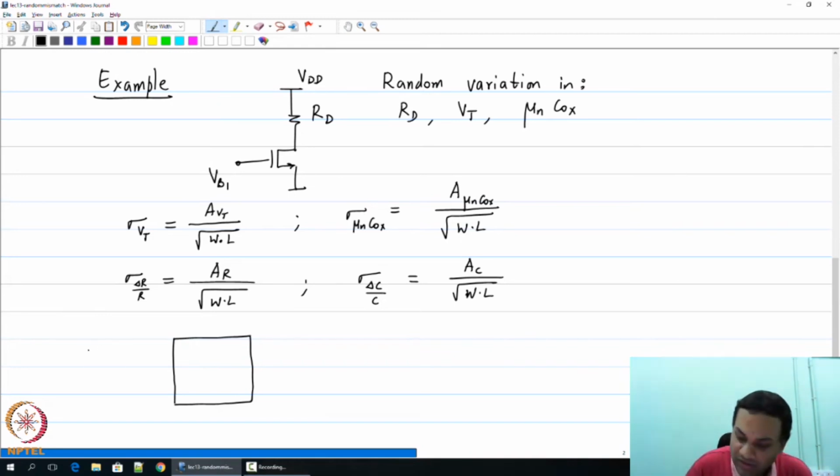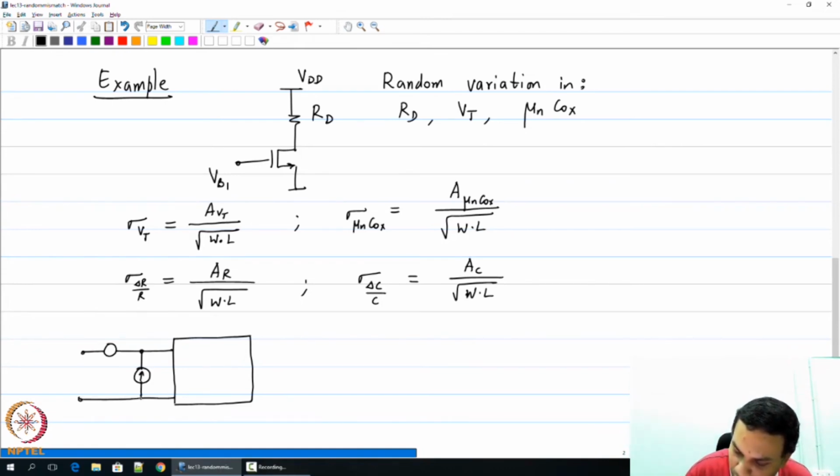It turns out that this effect can be clubbed, very similar to noise, as a combination of two sets of variables, a series voltage and a shunt current. I am going to call that VOS and IOS.